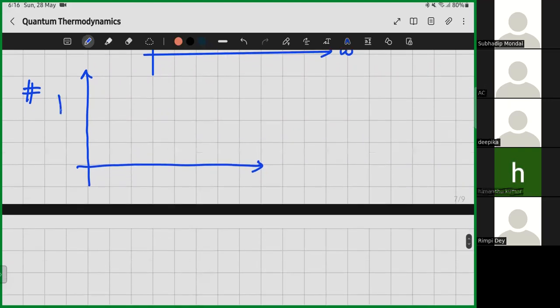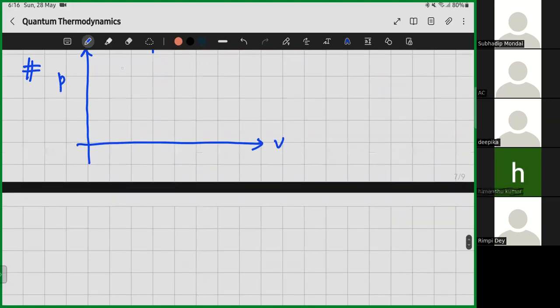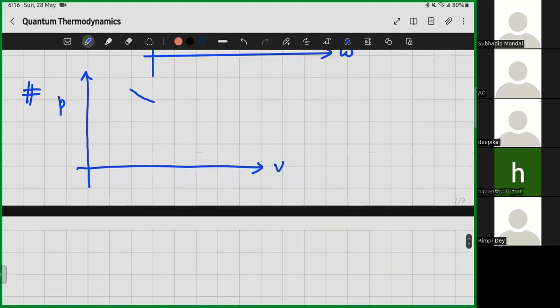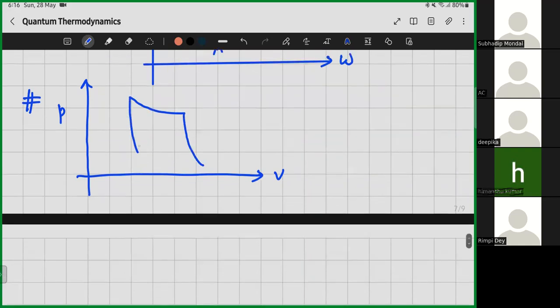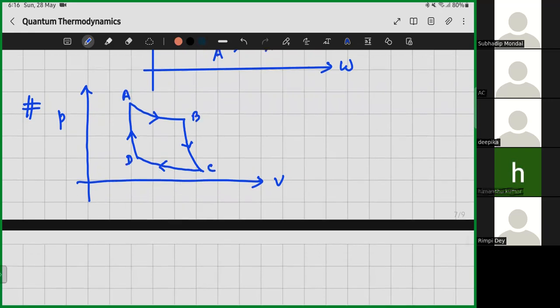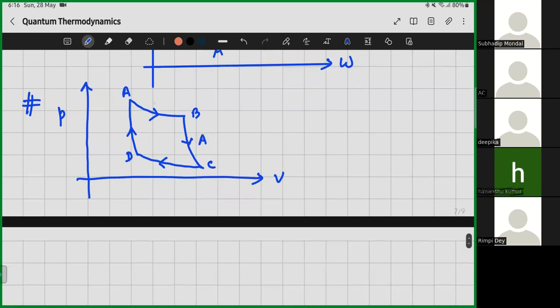I'll just draw that curve. This is our normal Carnot cycle. This is adiabatic, this is isothermal, adiabatic.